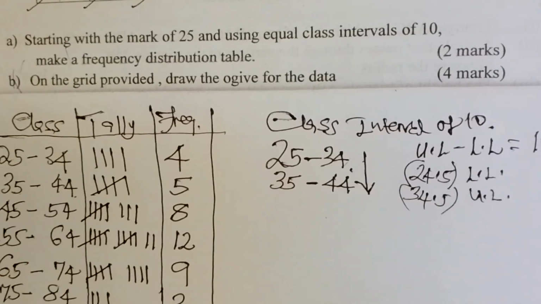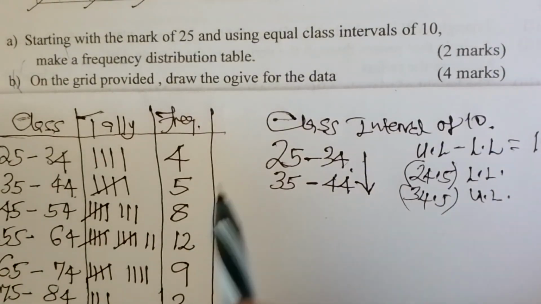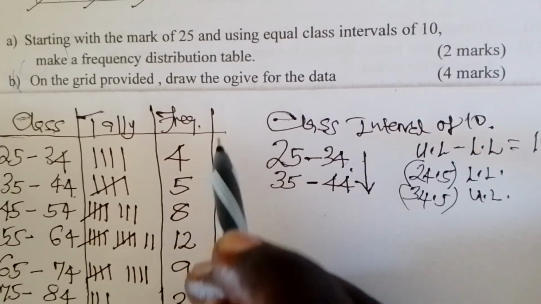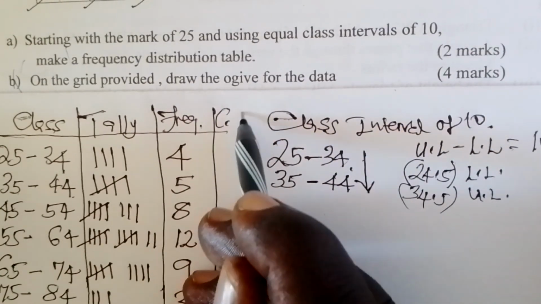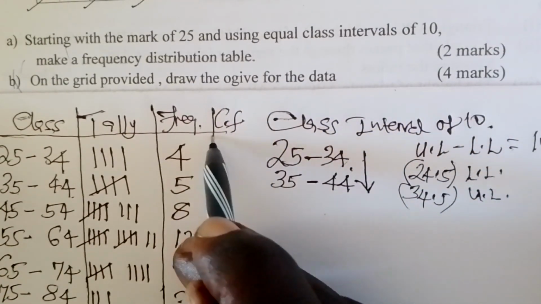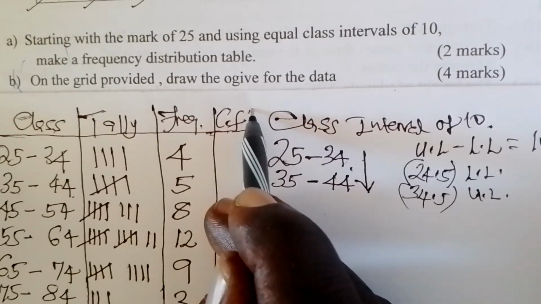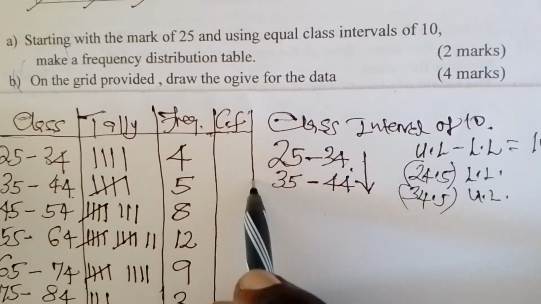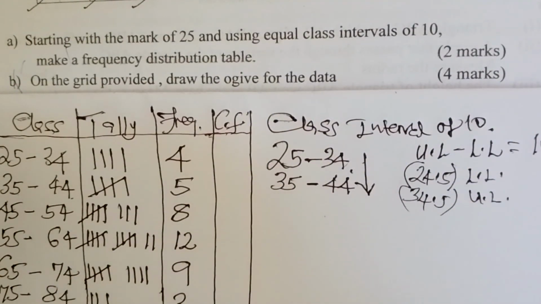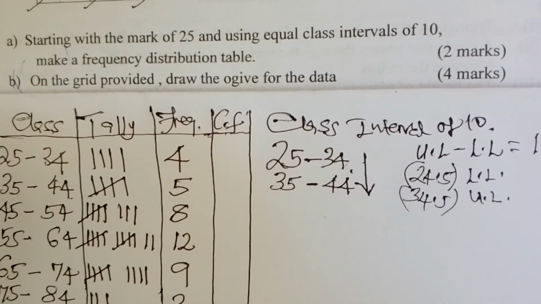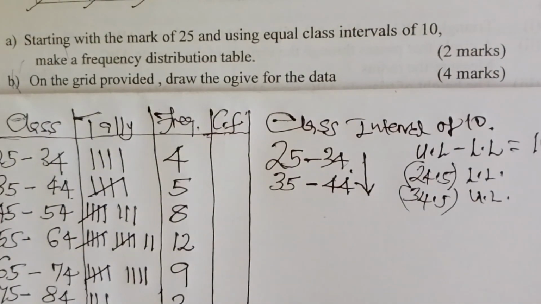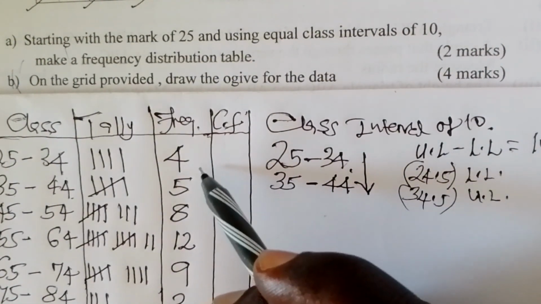So for us to draw an ogive curve, we need to come up with another column, the cumulative frequency column. You can just do it on the same table. It is a total of the running frequencies that we have.